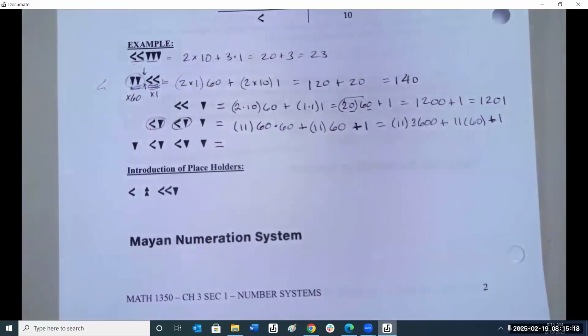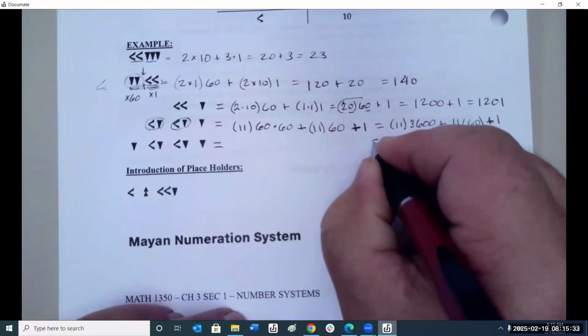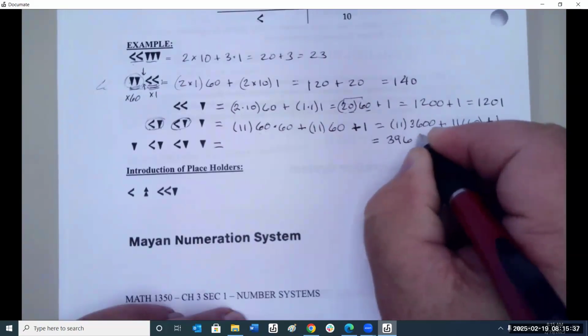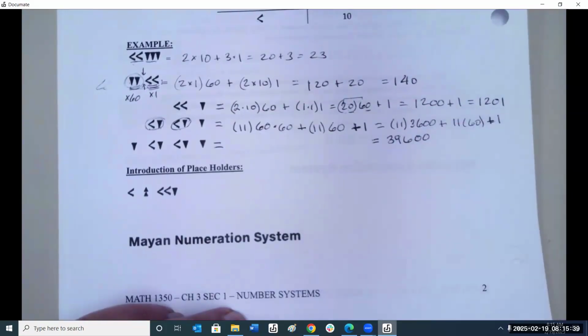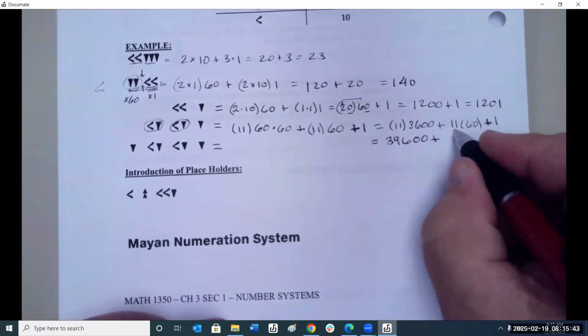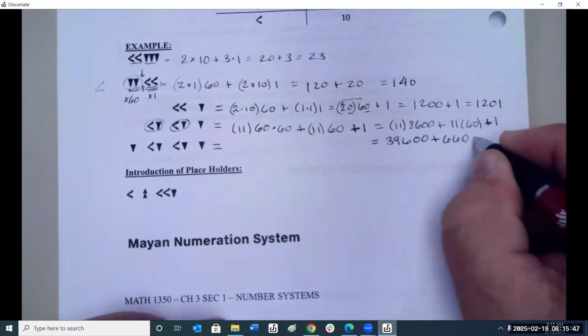So 11 times 36 is 396 with 2 zeros behind it. 11 times 60 is 66 with a 0 behind it.